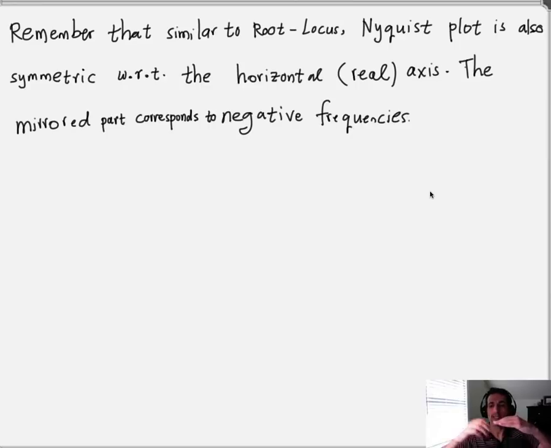So whatever shape you were able to get associated with positive frequencies, if you mirror that with respect to the real axis, the mirror part is going to be associated with negative frequencies.